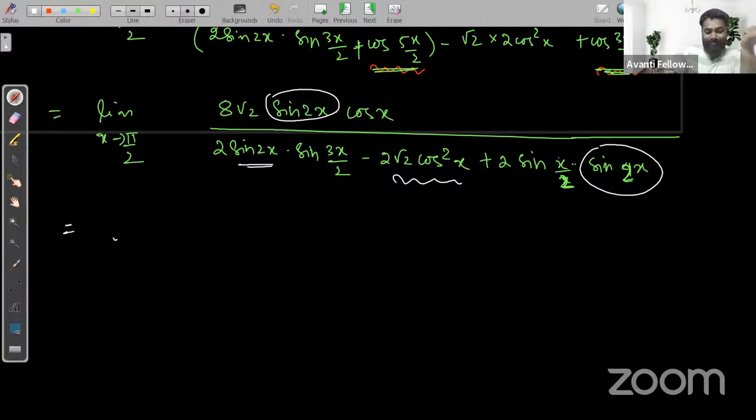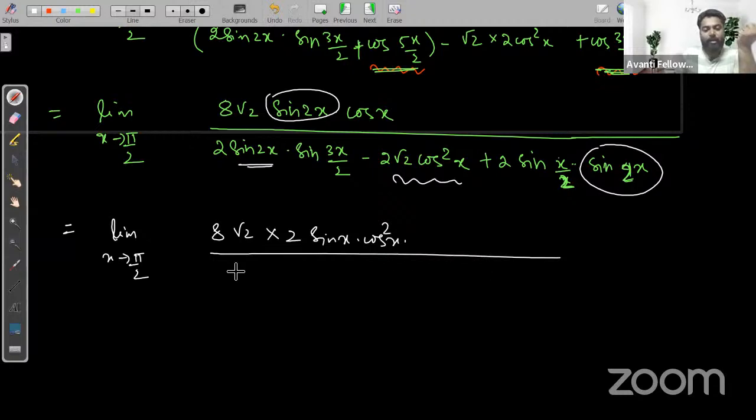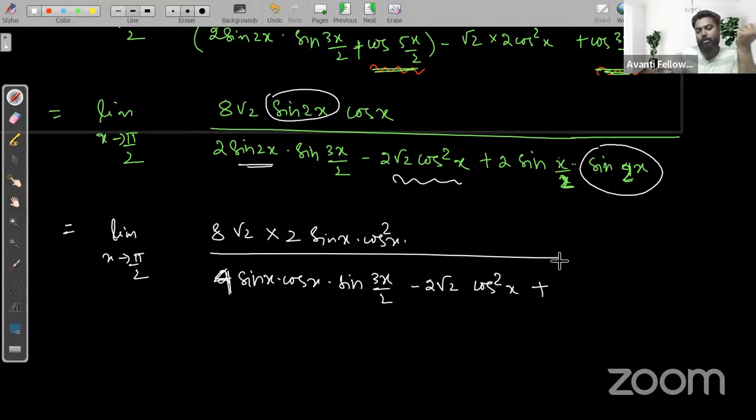Let's further simplify it. If we open this sine 2x using the double angle formula, we write 8 root 2 into 2 sine x into cos x into cos square x, divided by 2 sine x into cos x, that is 4 sine x into cos x into sine of 3x by 2 minus 2 root 2 cos square x plus 2 into sine of x by 2 into 2 sine x into cos x.